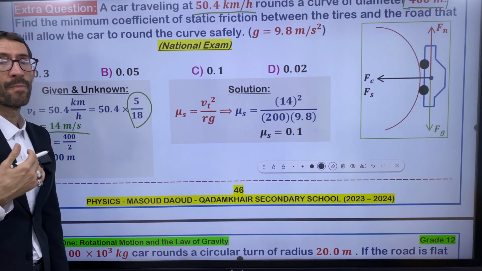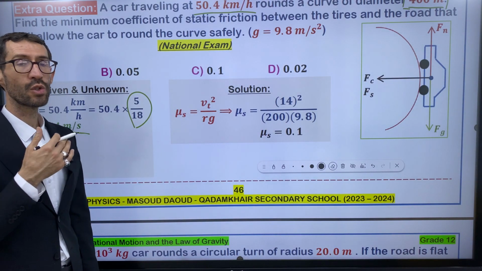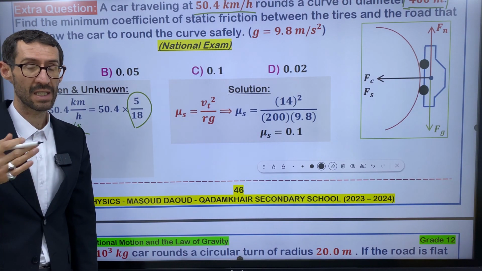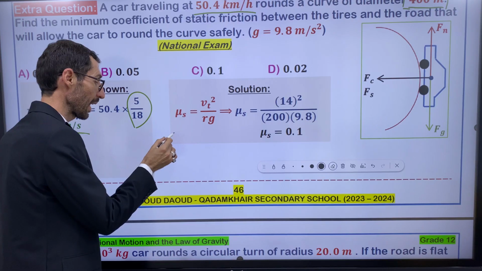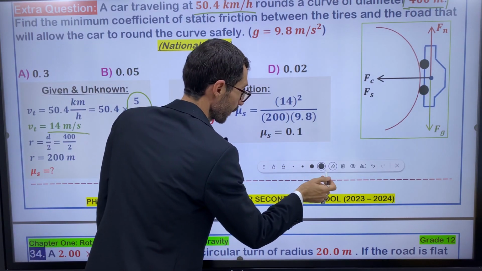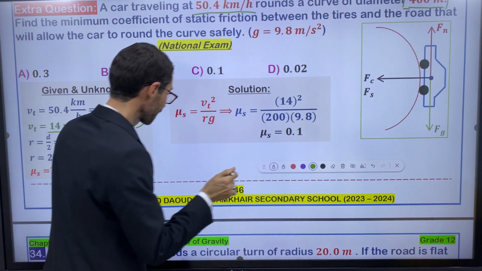I told you when the friction is in charge of keeping the object in a circular track, let me write it for you.